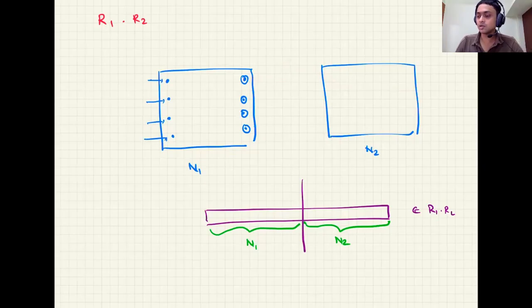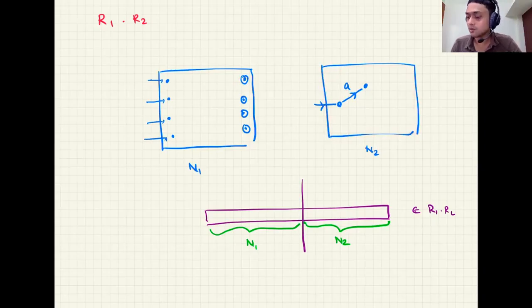So instead, what can we do? Suppose this is one initial state. And from here, suppose on an A, I go to this state. The idea is to somehow use this as an initial state for this automaton.